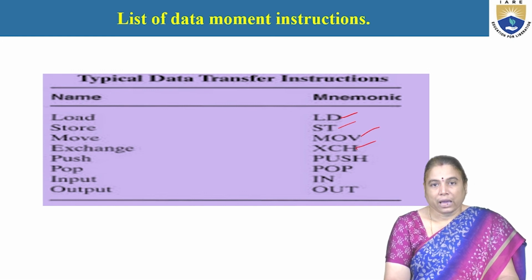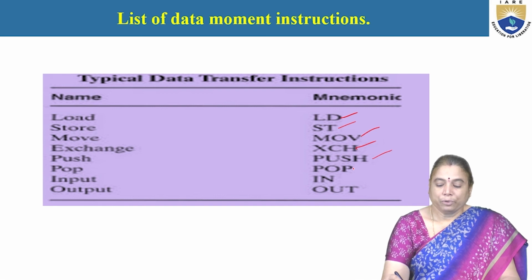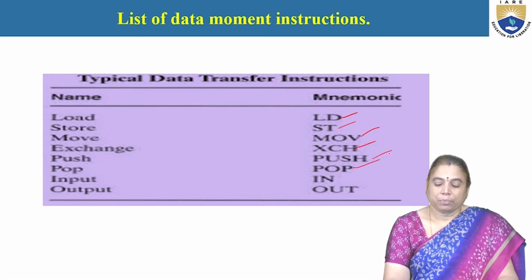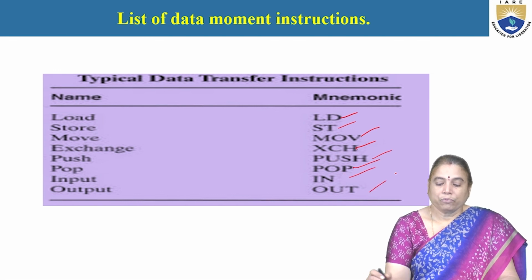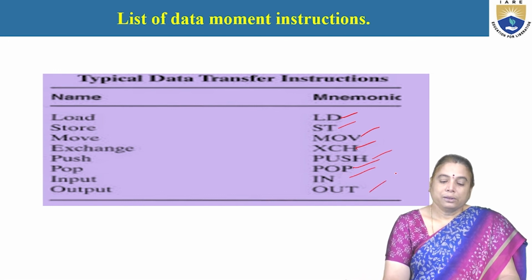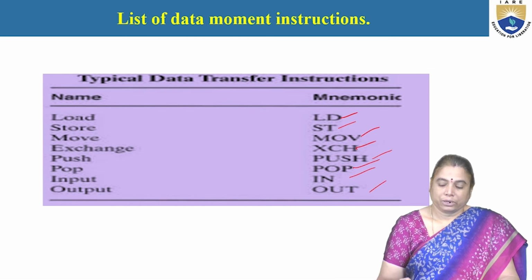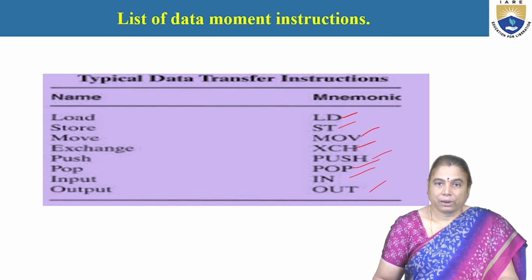To perform stack operations, PUSH inserts a value on the top of the stack, and POP retrieves a value from the top of the stack. Input, IN, and output, OUT. These are the data transfer instructions. IN and OUT facilitate data transfer with the IO devices.